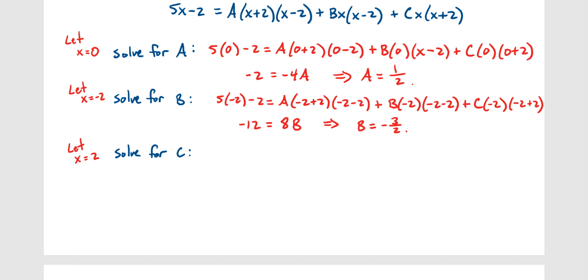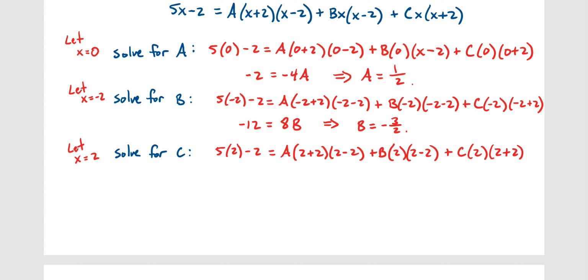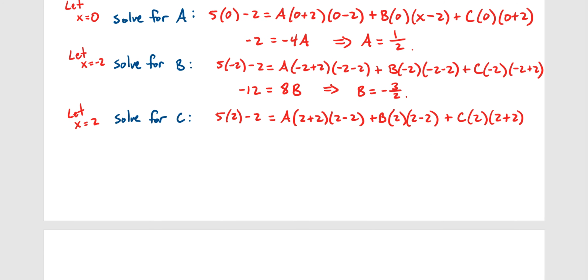So it's 5 times 2 minus 2 equals a times, so what you could do here, I'm just going to plug these in while I talk. The b and the a term are going to cancel, so you don't even need to write them. I'm just going to write them to show my work. All you need to do is write c times 2 plus the 2. So maybe going forward I'll do that.